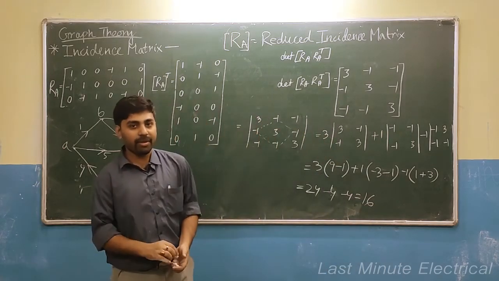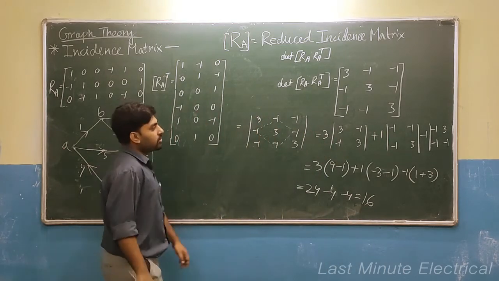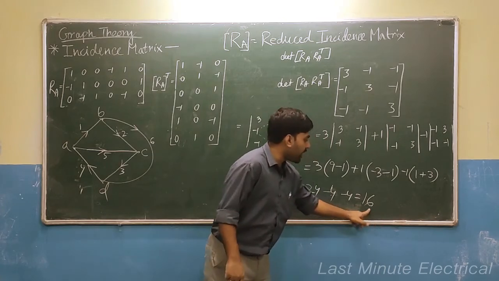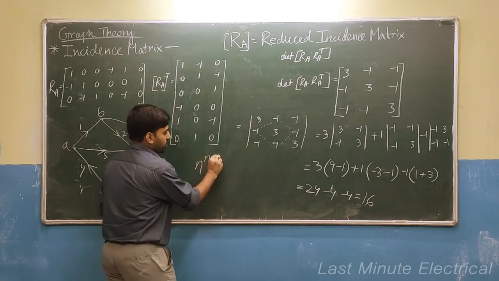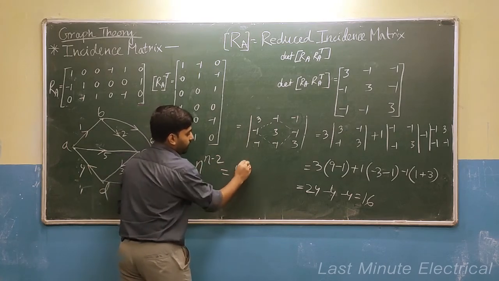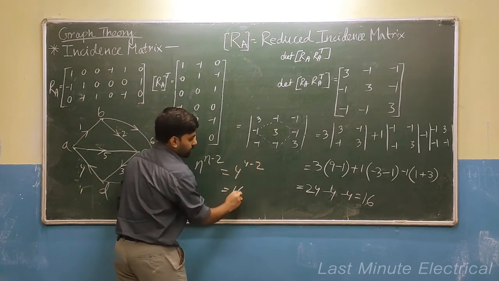This 16 I am expecting, you are also expecting this, so I am getting 16. So your answer is okay, because if you put n to the power n minus 2, again you will get 4 to the power 4 minus 2, which is equal to 16.